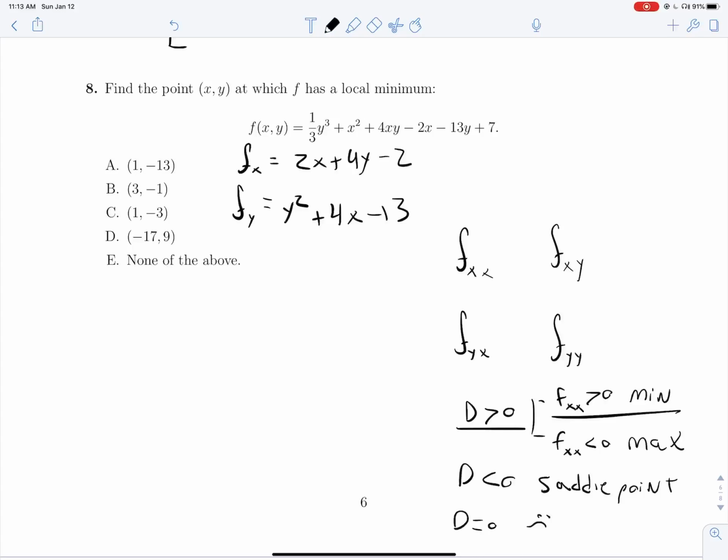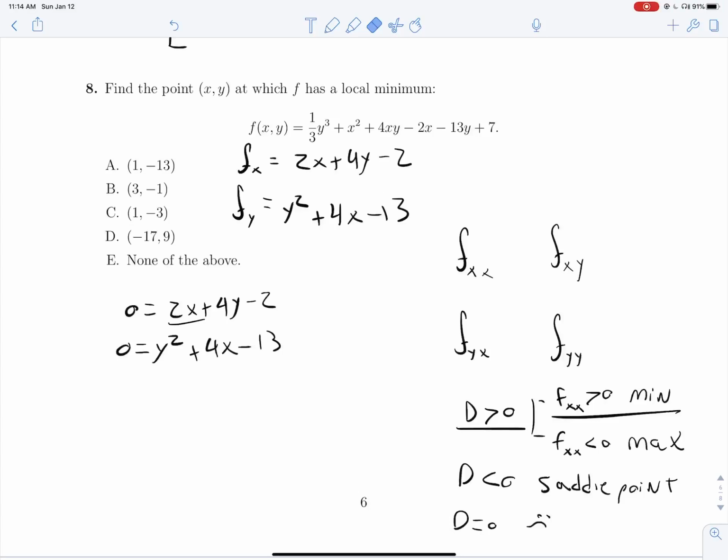So let's try to figure that out. It's a little bit of a pain, but we can say that 0 equals 2x plus 4y minus 2, and 0 equals y squared plus 4x minus 13. Well, let's see, we can replace our 4x in here.